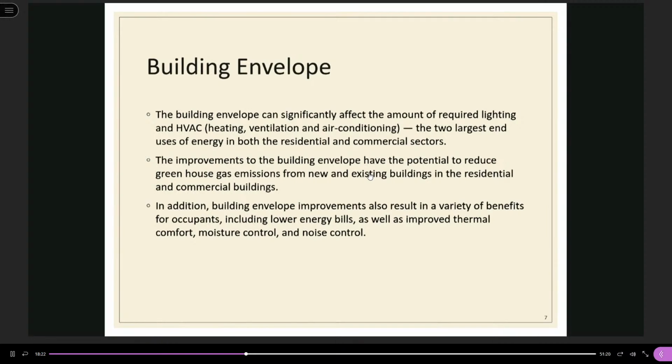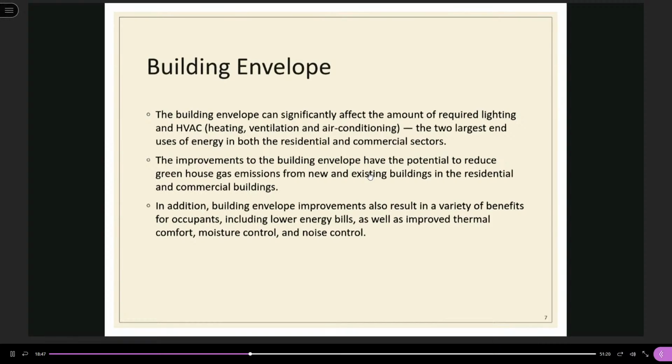So the building envelope is very critical to the energy consumption of the HVAC system and the lighting system. And these two systems, the lighting and the HVAC, are the two largest end uses of energy in both residential and commercial sectors.